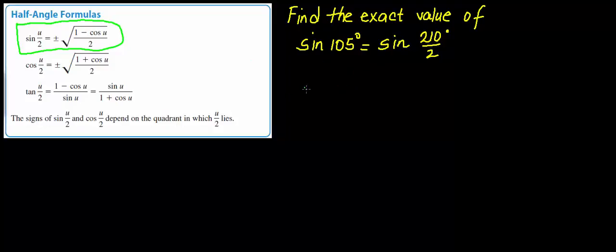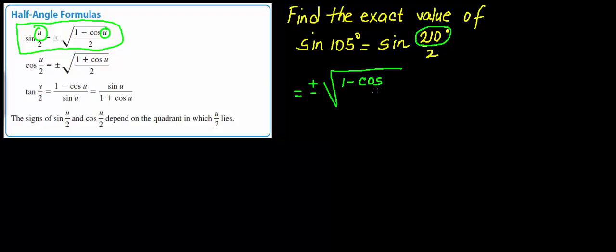We're going to say this is equal to plus minus the square root, and inside the square root I have a fraction. It says 1 minus cosine of u. Notice that this u is referencing this value here. In our case, that value is 210.